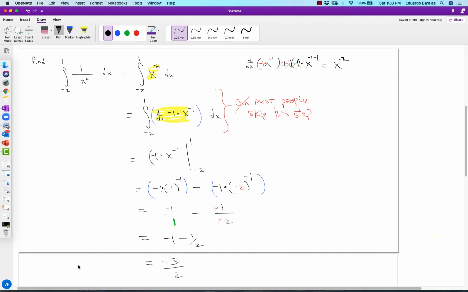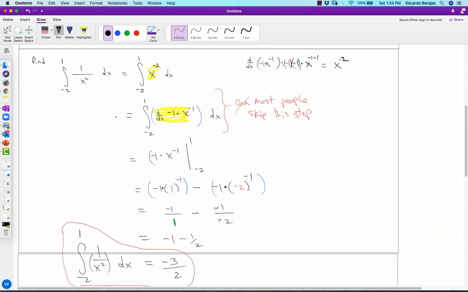And on the left-hand side, all the way down to here is this integral. So we're saying that the integral from -2 to +1 on the function 1 over x squared dx is equal to this number. So that's what we get.